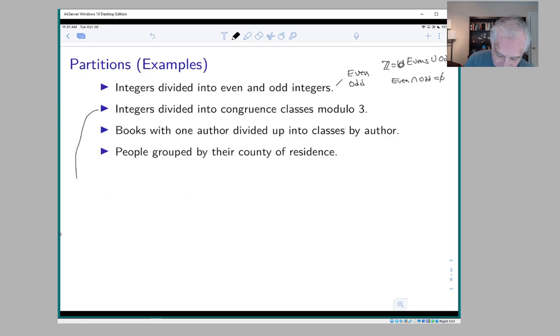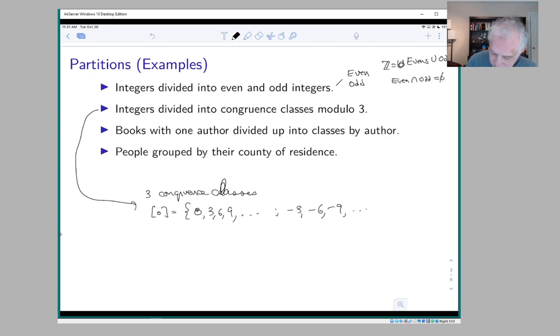We also have a related one, using 3, the congruence classes modulo 3. Remember, those are the arithmetic progressions. So the 3 congruence classes are 0, which are the multiples of 3, positive and negative. The things which are one more than a multiple of 3.